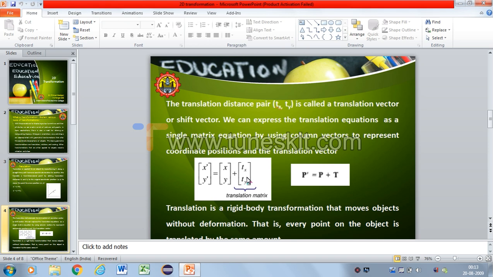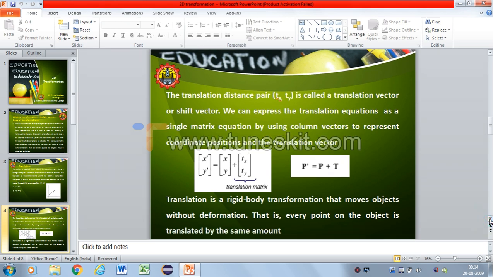Right, now we get the equation P dash is equal to P plus T. P dash is the shifted point, P is the original point, and T is the translation distance vector. Right, class?